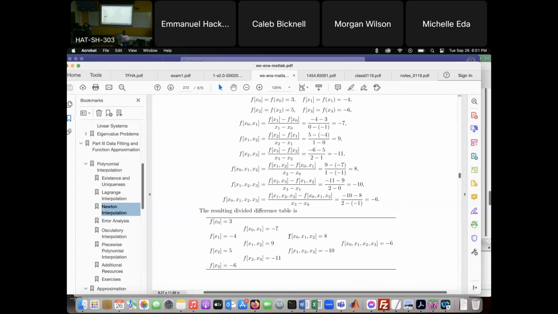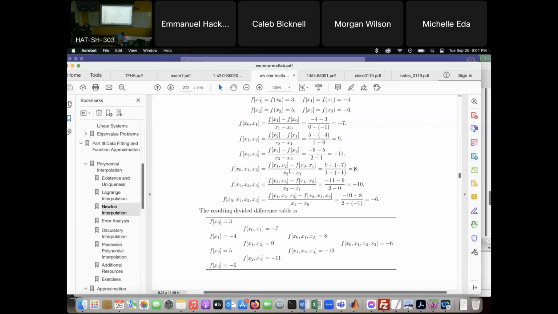So for instance, here I want these next divided differences, x1, x1, x2, and for that I'm computing that up here. I'm going to take 9 minus -7, and then the x values that I'll subtract. So it's divided.